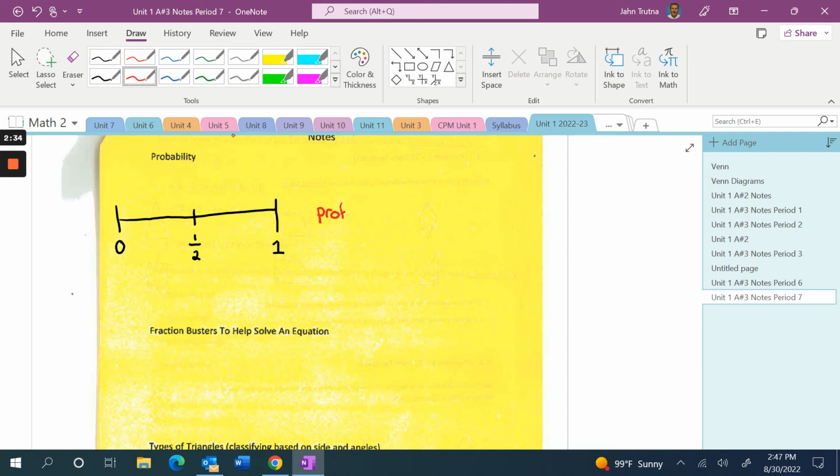Because of the definition of probability. Okay? And the definition is this. Probability is equal to the fraction. The denominator is the total number of possible outcomes.